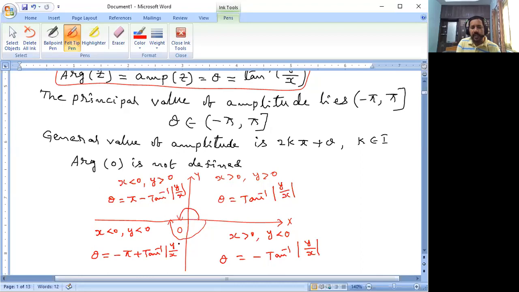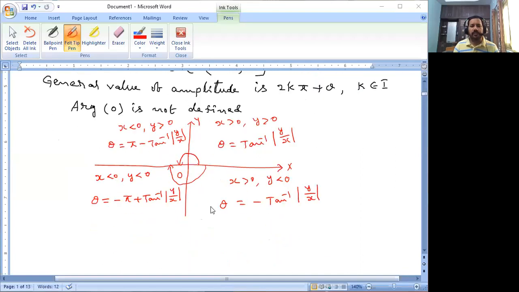This is an important concept: if the complex number lies in a particular quadrant, these are the formulas to find the argument or theta value.